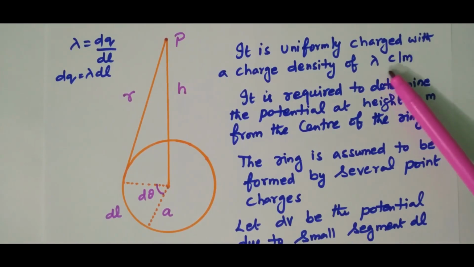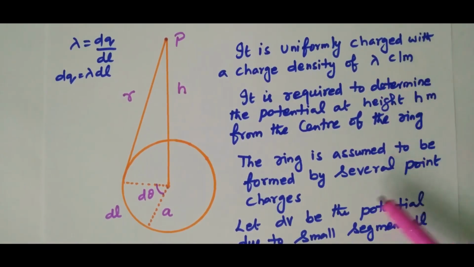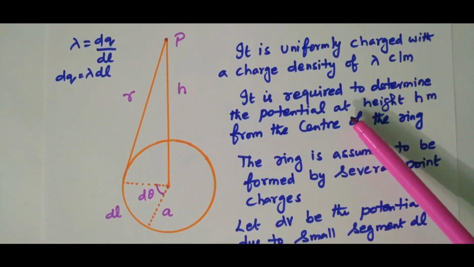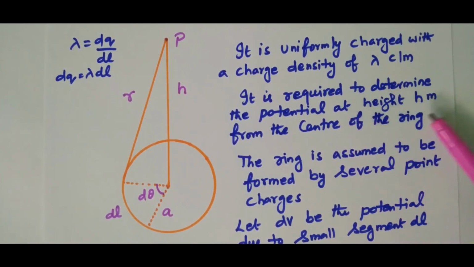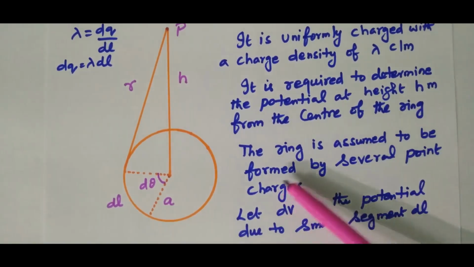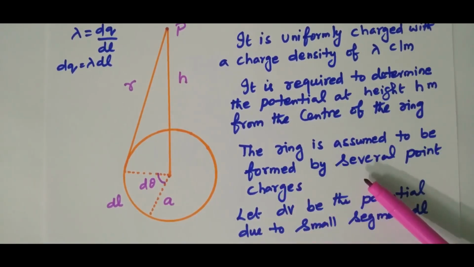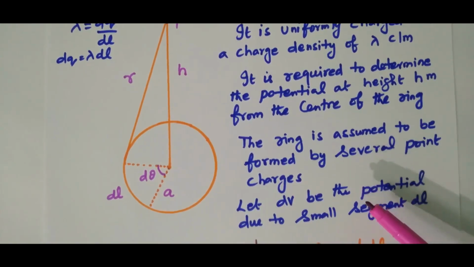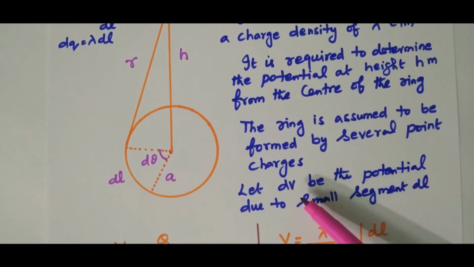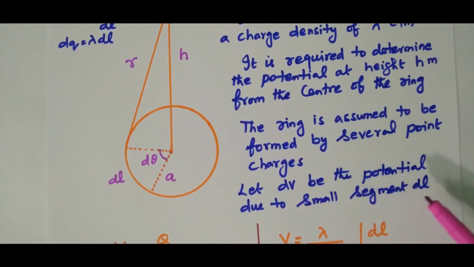Our aim is to find the potential at point P, which is at a height of h meters from the center of the ring. The ring is assumed to have several point charges. Now we'll consider this dV. V is the potential, dV means small potential due to the small segment dl.